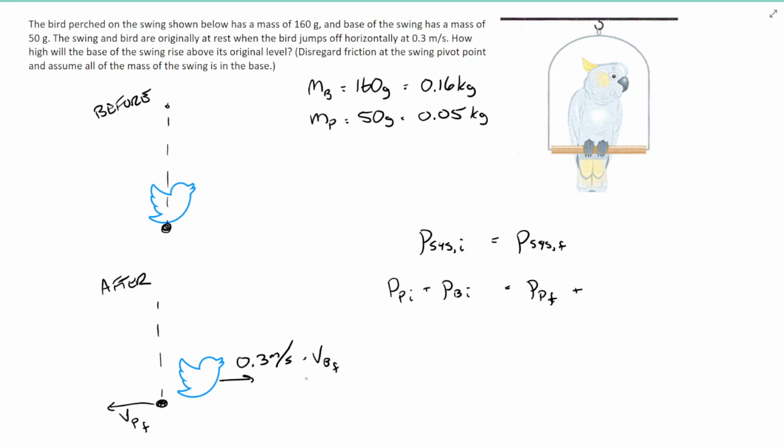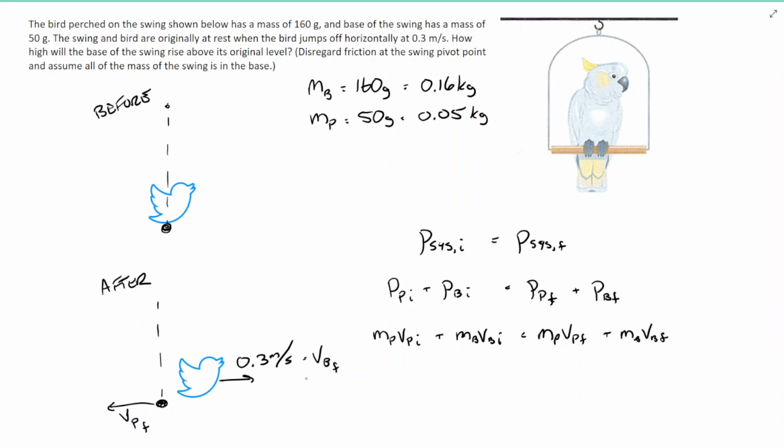We'll call that the final momentum, and the bird has some final momentum. Since momentum is mass times velocity, you can expand that even further. The mass of the perch times the velocity of the perch at the beginning, plus the mass of the bird times the velocity of the bird at the beginning, has to equal the mass of the perch times the velocity of the perch at the end, plus the mass of the bird times the velocity of the bird at the end.